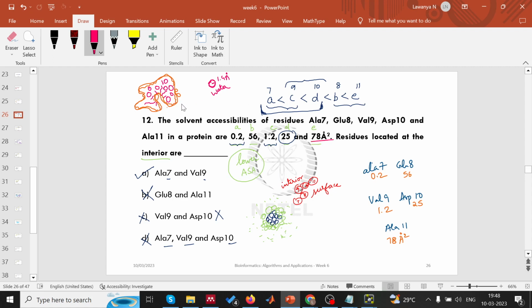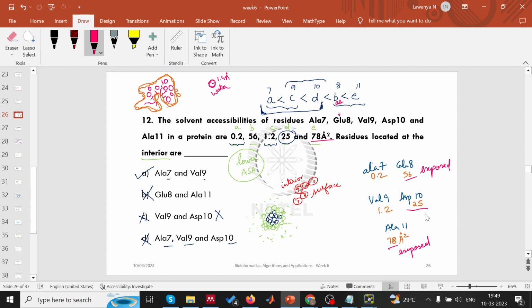So when water molecules are able to roll over these surfaces and give the values of 78 angstrom square, 56 angstrom square, which means the glutamate in position 8 and alanine in 11 are highly exposed. Aspartate, not so much.